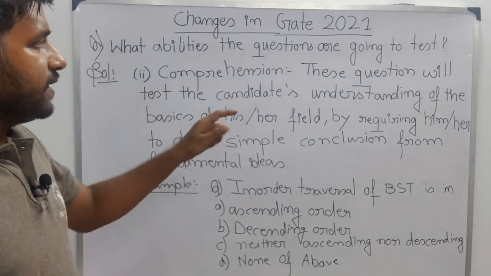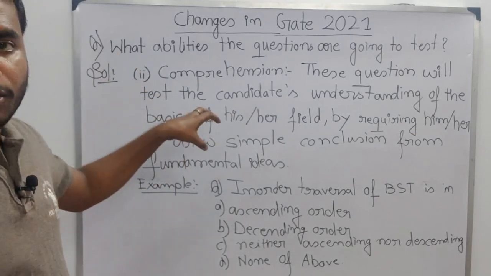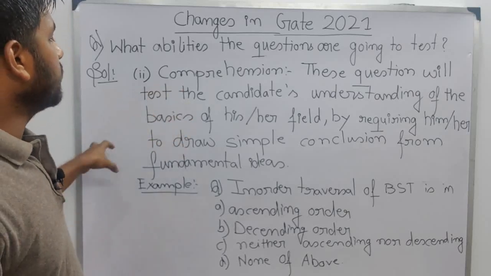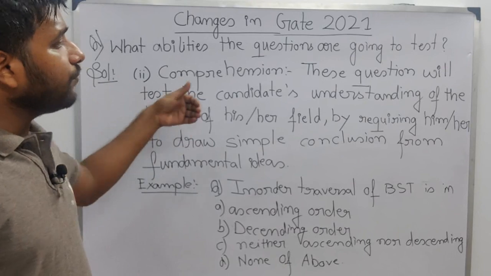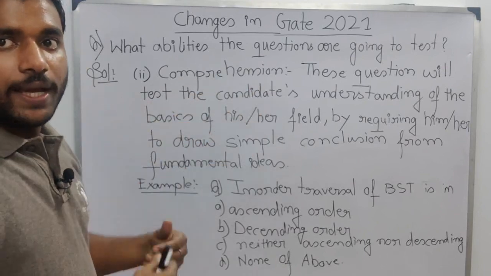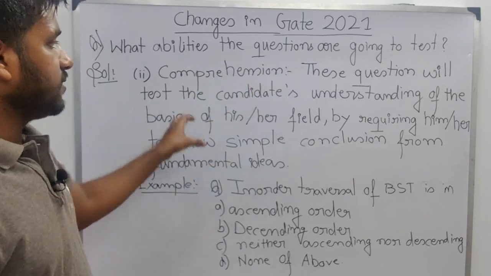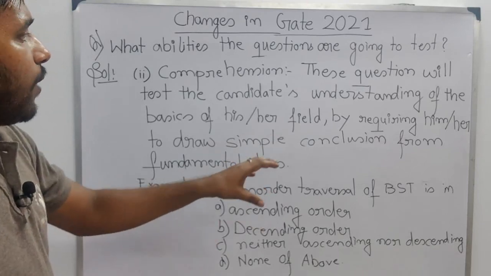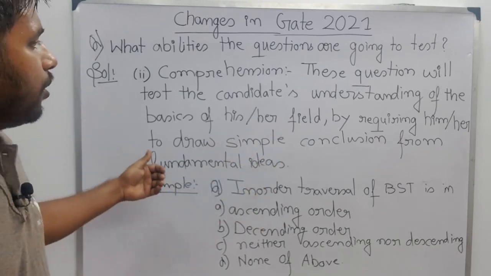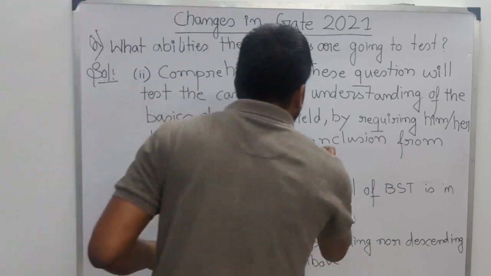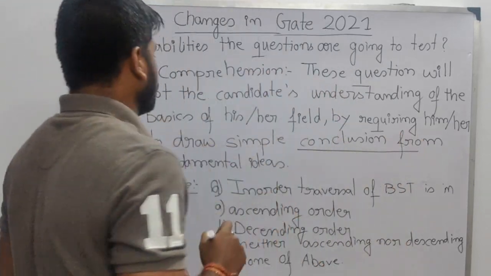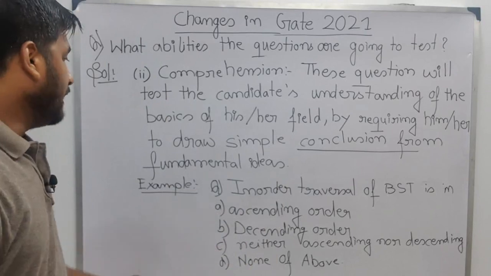If they make questions from comprehension, these questions will test the candidate's understanding of the basics of his or her field, by requiring him or her to draw simple conclusions from the fundamental idea.